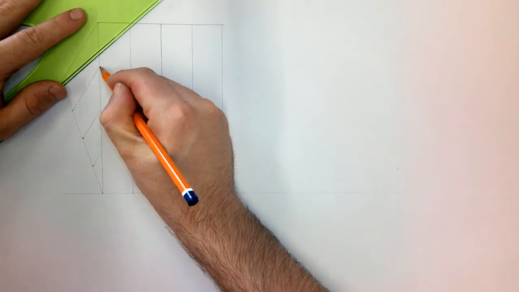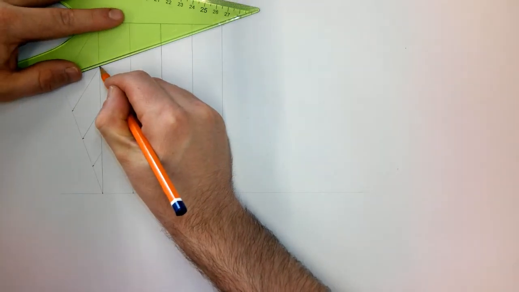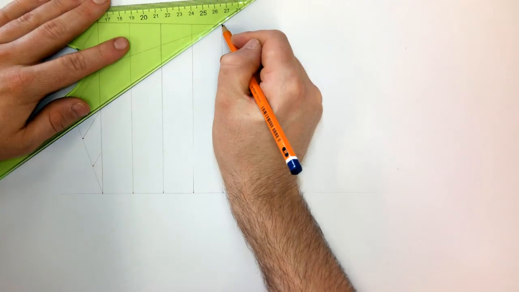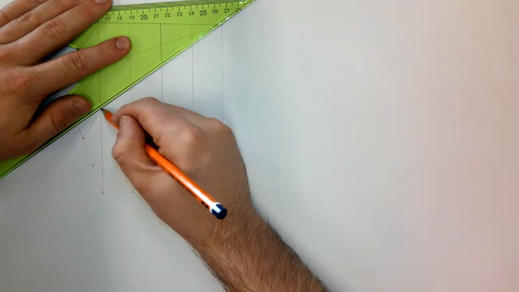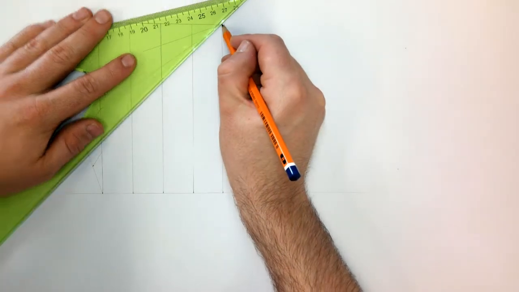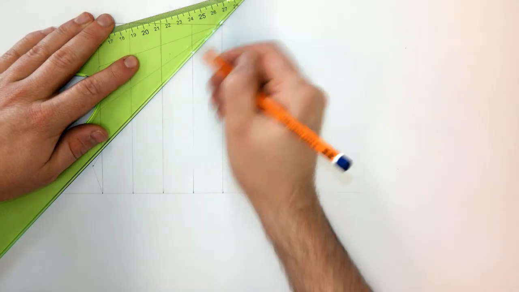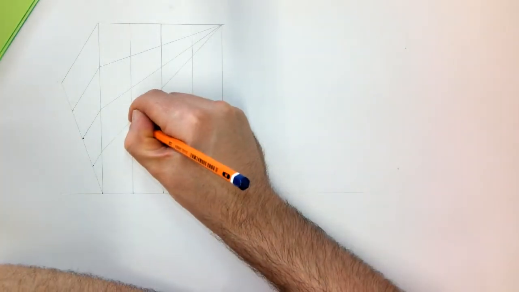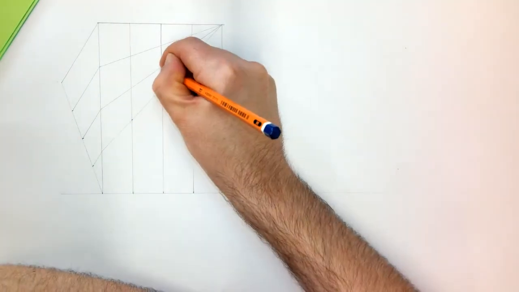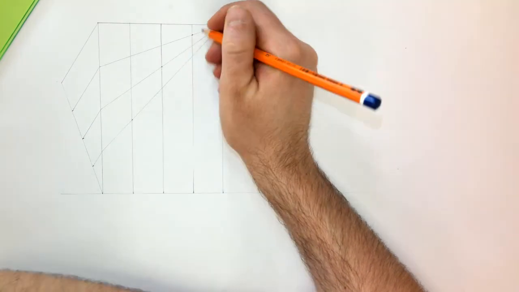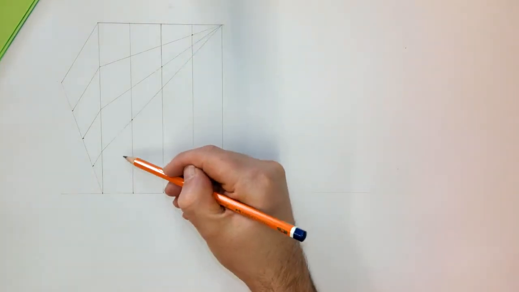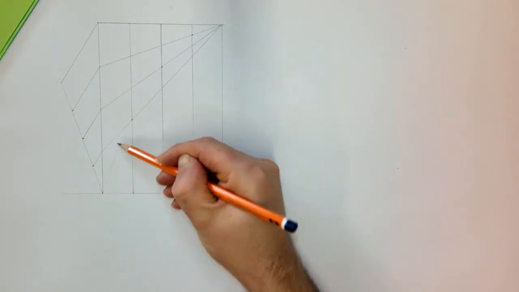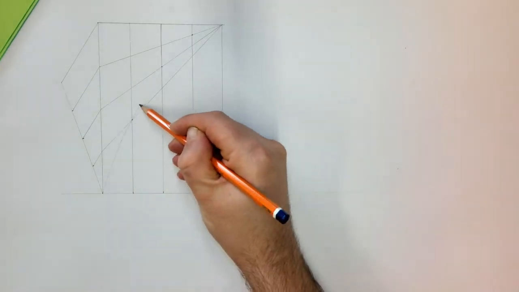Now I'm going to join these up here now. And where the first one touches the first one, second one touches the second one, third one touches the third one. Okay, now I can freehand sketch them in.